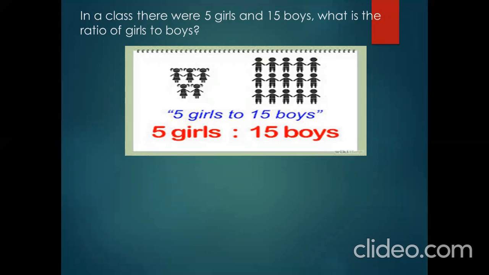And students, as you can see, this is not a simplified form. It is important to note that we usually show the ratio in its simplest form. This is not in simplest form, as 5 and 15 both can be divided by 5, or 5 is the GCF or HCF, meaning greatest common factor, of both 5 and 15.